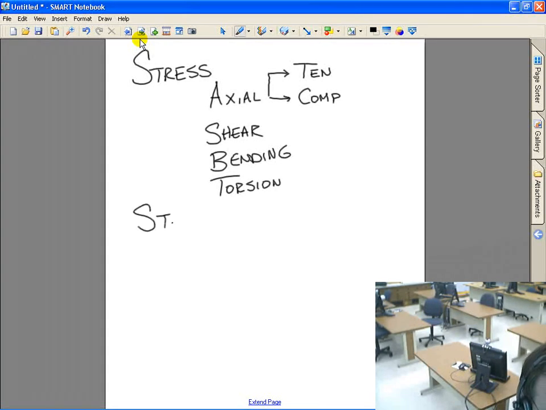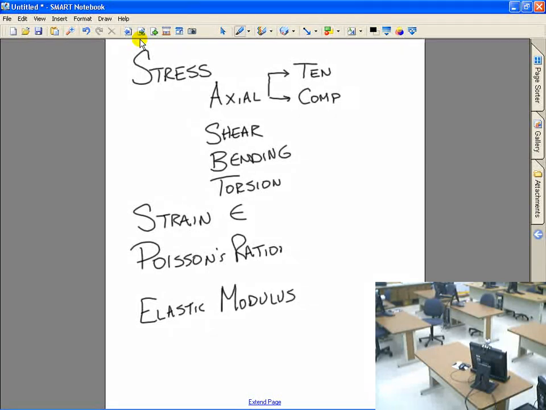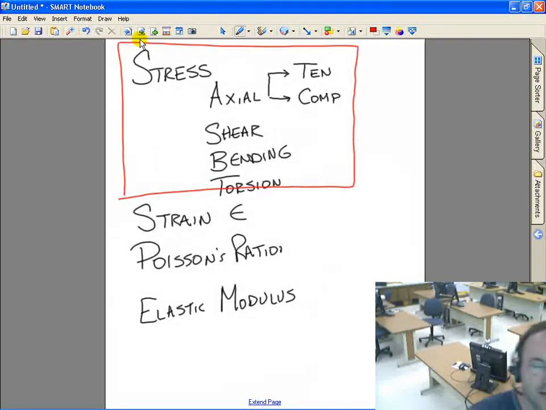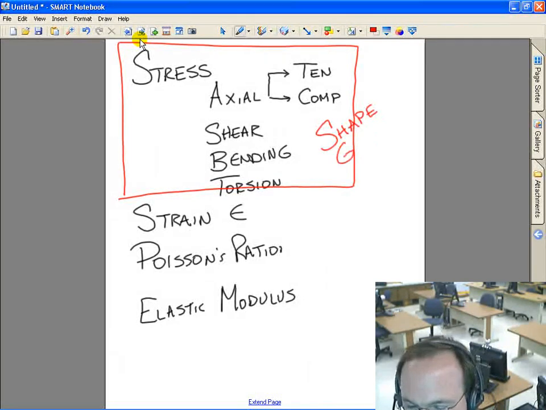We had strain. We had the Poisson's ratio. And we had the elastic modulus. Once again, very major concept, this is a function of the geometrical shape, the geometry.